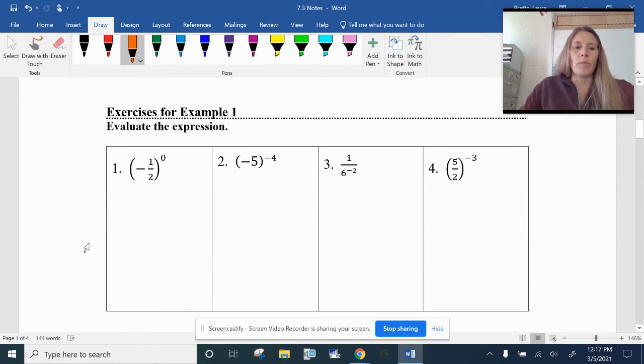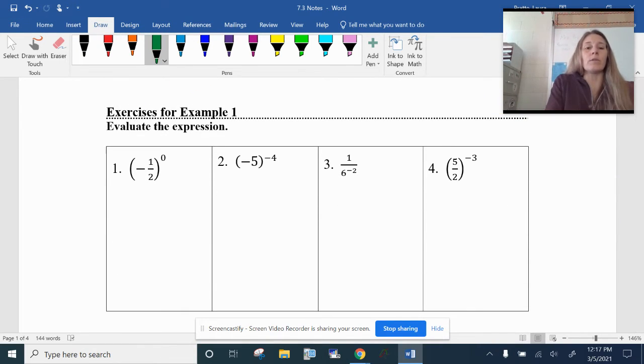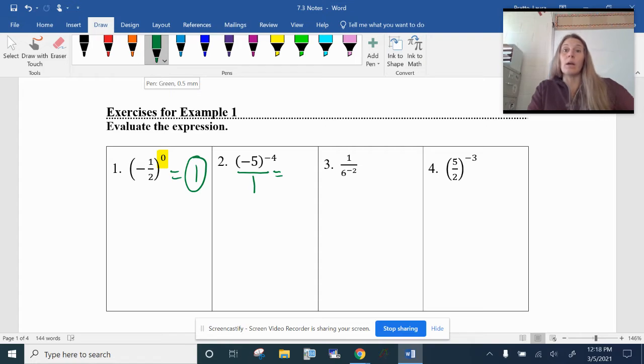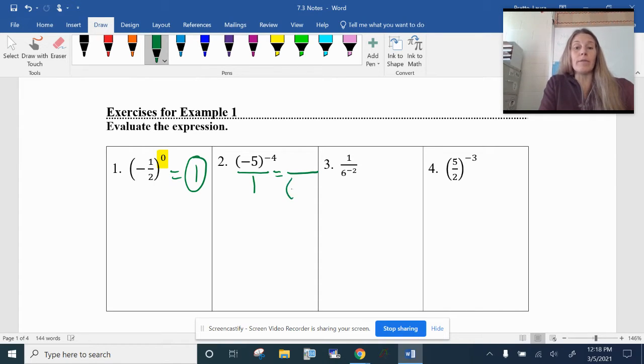All right, a couple more practice problems. This first one is raised to 0, so there's nothing to be done there. It just equals 1. Number 2 has a negative exponent. Currently this negative 5 is on the top of a fraction, so we're going to move it to the bottom of the fraction. Notice my 5 is staying negative, but that exponent, the negative 4, is what's going to become positive.